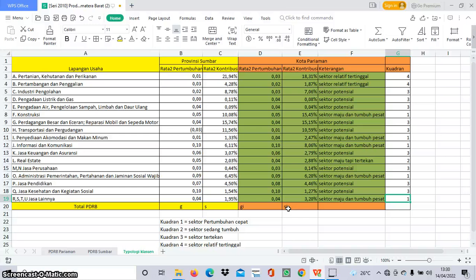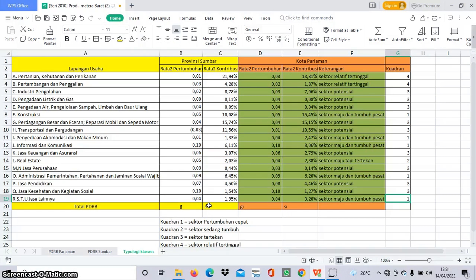This quadrant is a quadrant for sectors that have a GRDP growth value, gi, which is higher than the reference regional GRDP growth or national, g, but the sector contribution to GRDP, si, is smaller than the value of the sector contribution to regional GRDP, the reference or national, s.